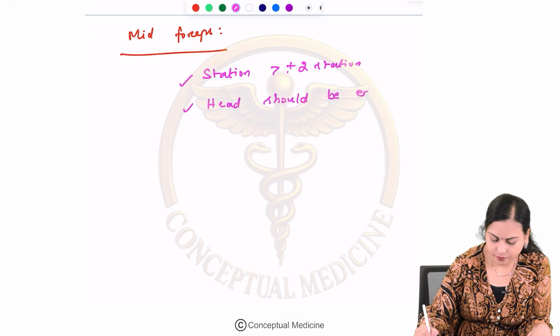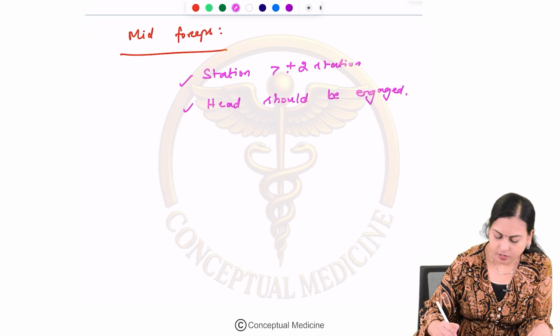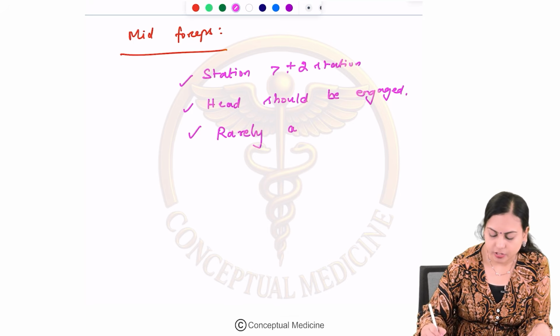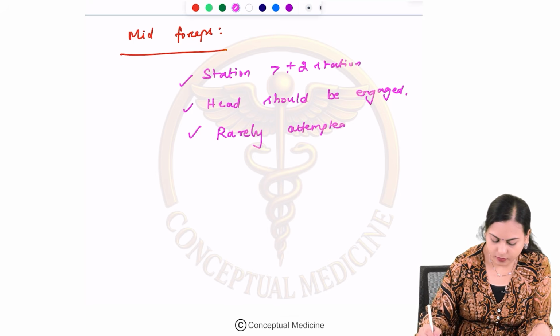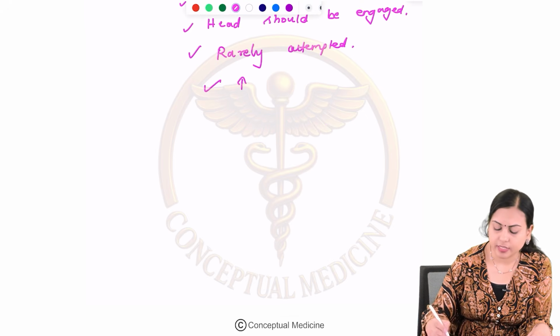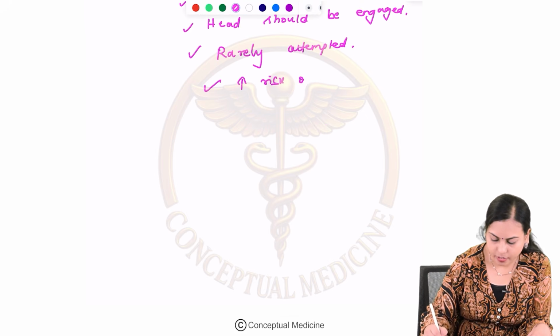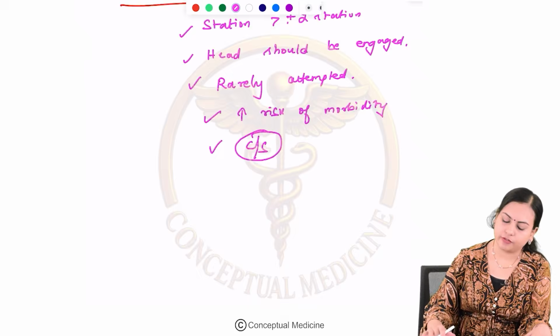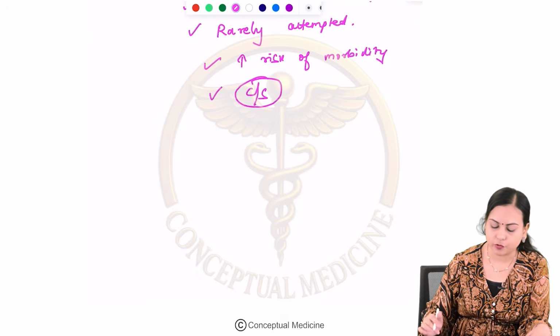Okay. Usually at this stage, it is rarely attempted. And when it is attempted, it is associated with increased risk of morbidity also. Better to proceed with cesarean section if there is a need of application of mid forceps.